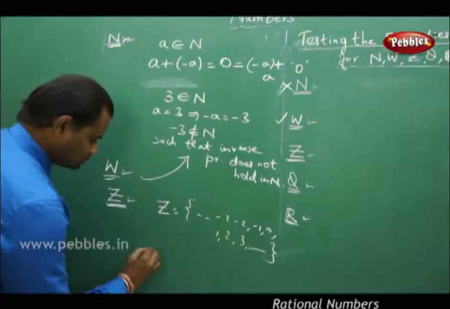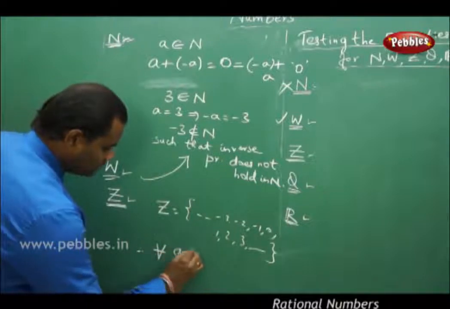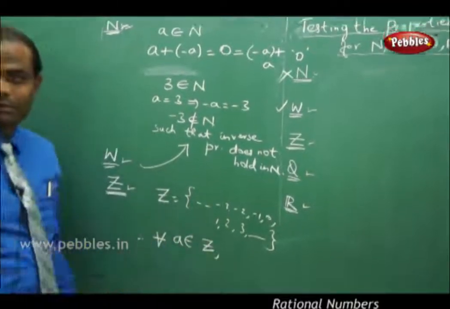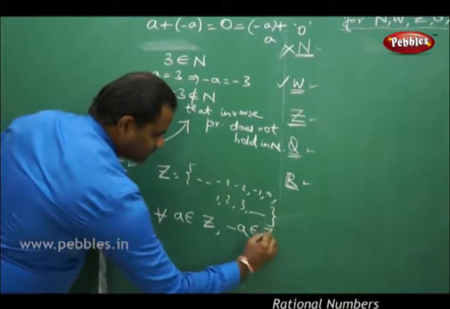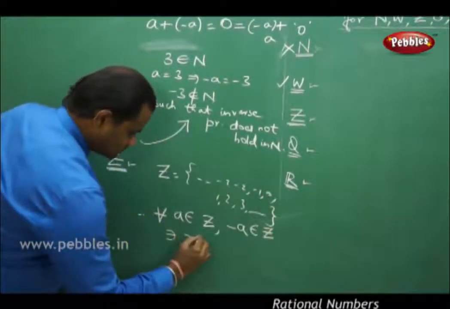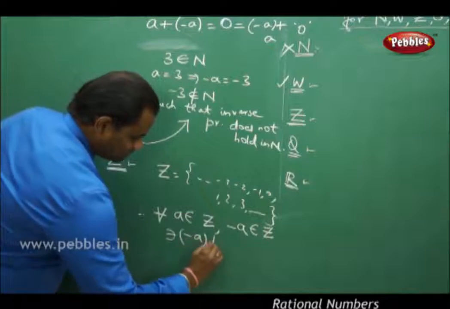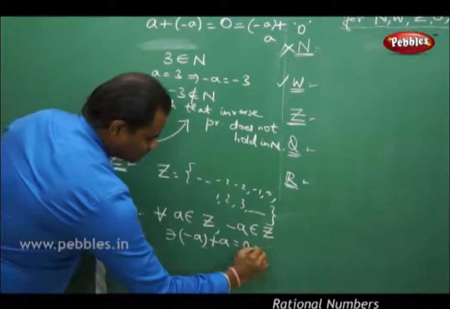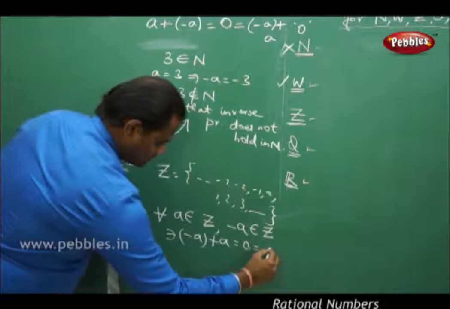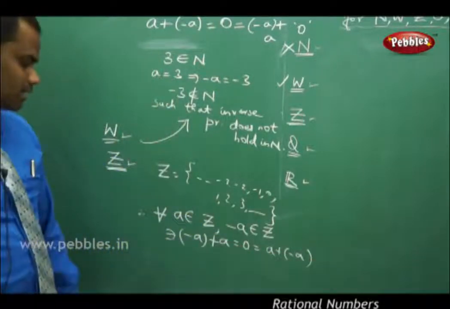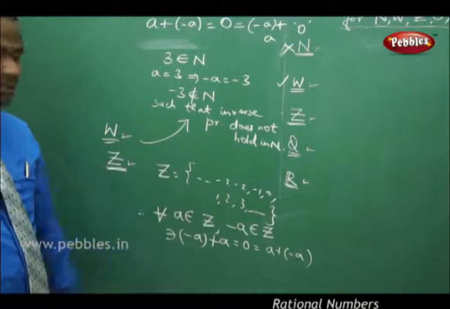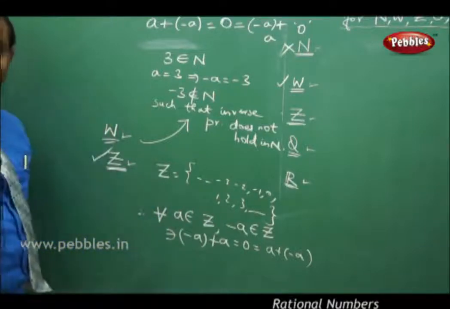Therefore, for all a belonging to Z, there exists minus a belonging to Z such that minus a plus a is 0, as is a plus minus a. This is the case which makes the set of integers hold the inverse property.